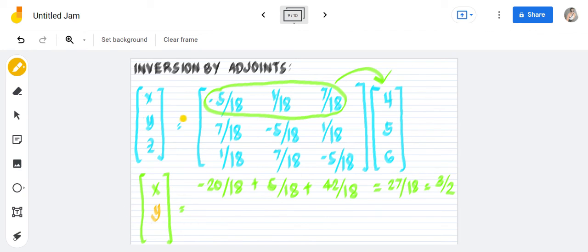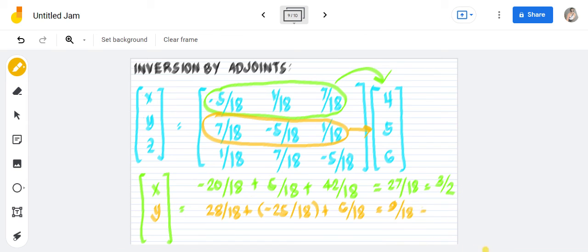So for Y, this row multiplied to our column, so that will be 7 times 4, that's 28 over 18, plus negative 5 times 5, that's negative 25 over 18, plus 6 times 1, so 6 over 18. That's 28 minus 25 plus 6, that's 9 over 18, or 1 half.